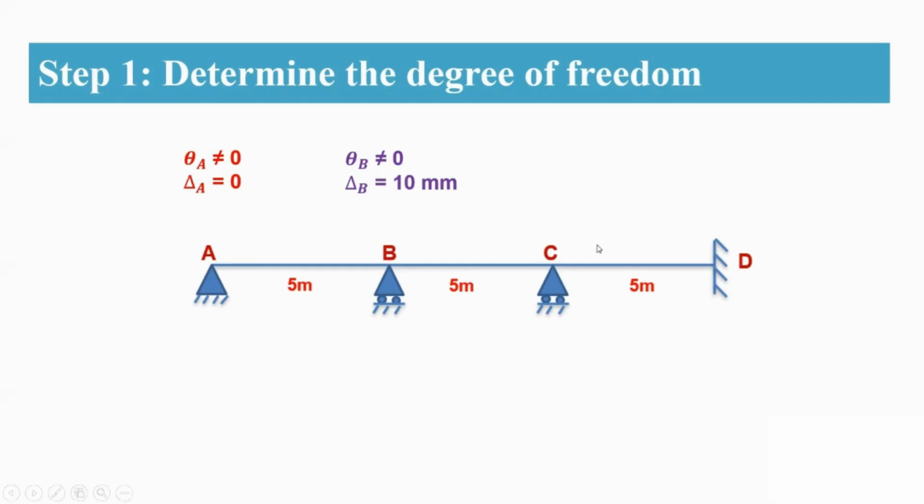Similarly at C, there is a rotation, so theta C is not equal to 0, whereas delta C is equal to 5 mm. So B has settled by 10 mm and C has settled by 5 mm. Coming to support D, it has a rotation of 0.1 radian in the anticlockwise direction, and delta D is equal to 0 since it is a fixed support.